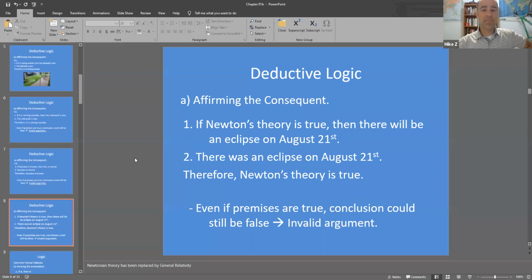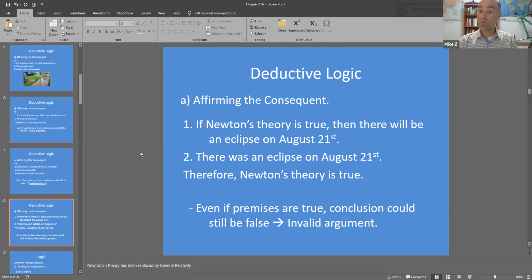Okay, here's another one. This is a sciencey example, and it's one that we're very tempted to assume is a perfectly reliable argument, that it's deductively valid and maybe even deductively sound. So if Newton's theory of gravity and the laws of motion and orbital mechanics and all of that stuff associated with Isaac Newton, if his theory is true, then there'll be an eclipse on August 21st, says the theory.